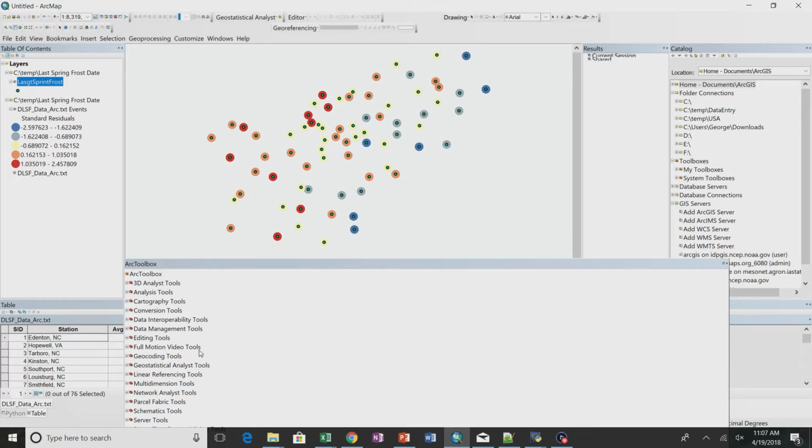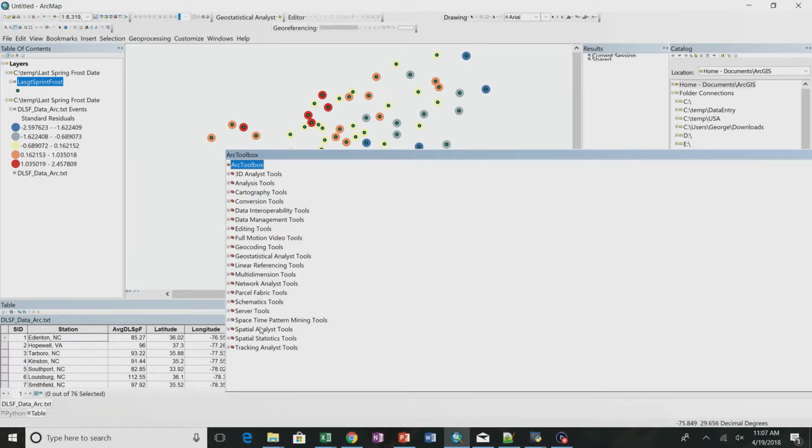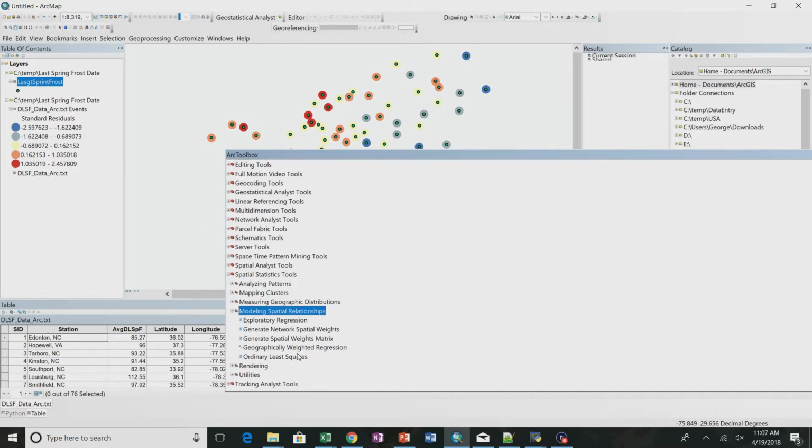In the Arc toolbox, there's a tool in spatial statistics under modeling spatial relationships. The book doesn't talk about geographically weighted regression, but I'm going to talk about it a little bit next week, and I'll talk about that in a second. Right now we're doing ordinary least squares.